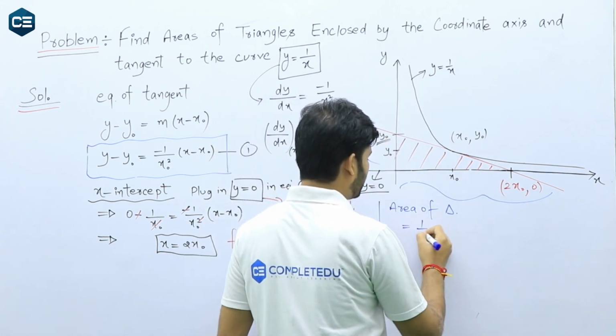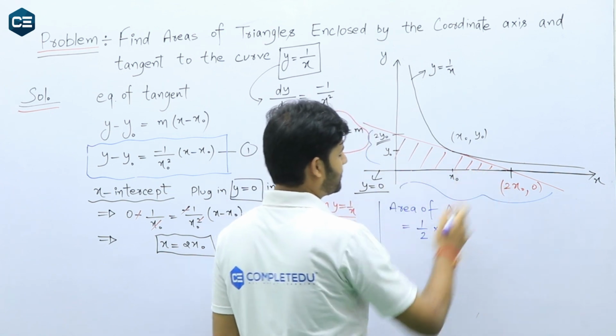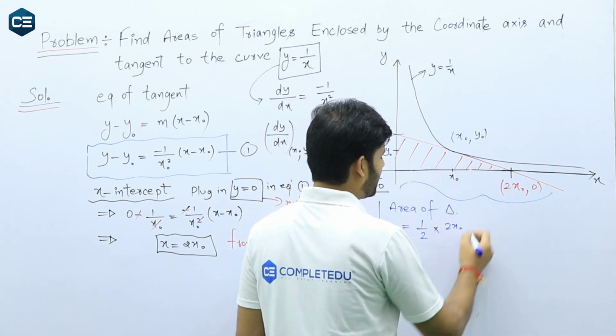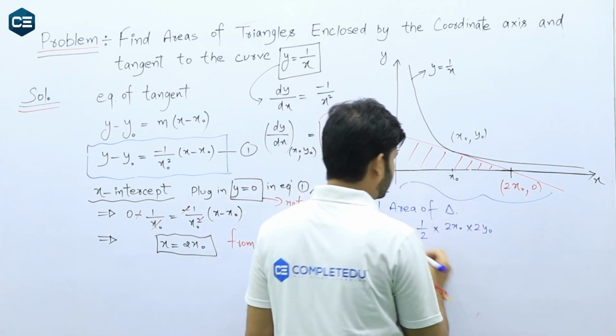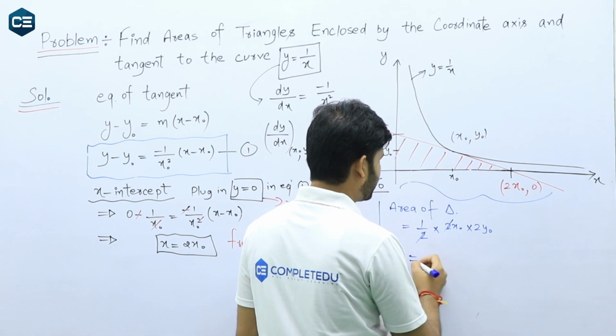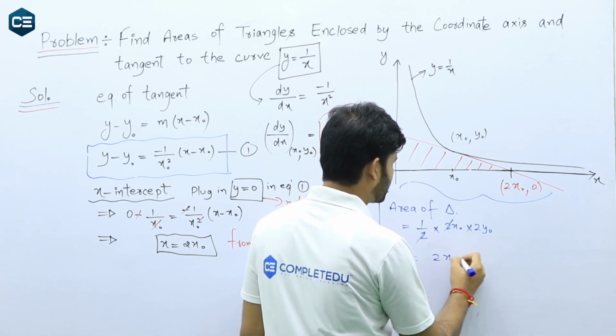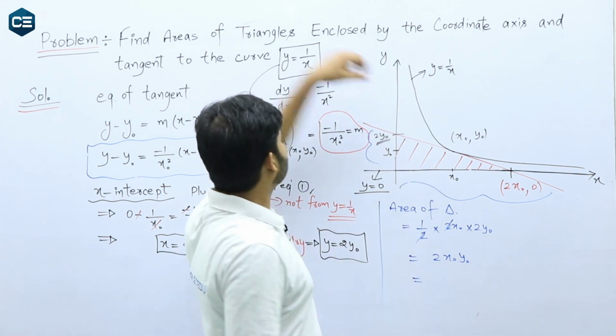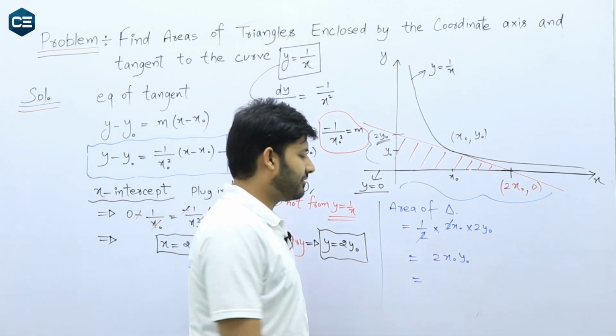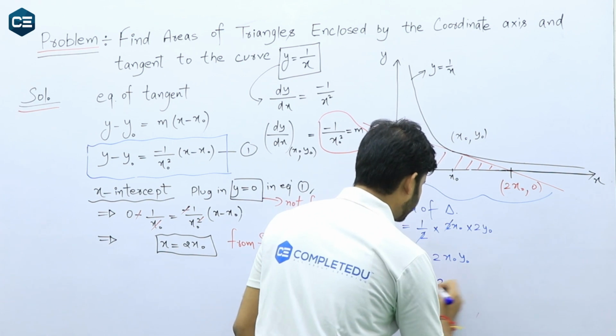So half into base 2x0 and height 2y0. The half cancels out and we get 2x0 y0, and from the curve again we put the value of y0 equals 1 over x0, this cancels out, and finally we get area 2.